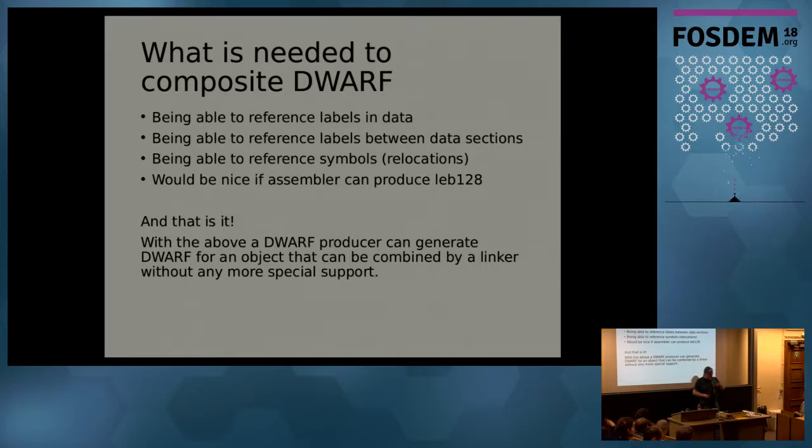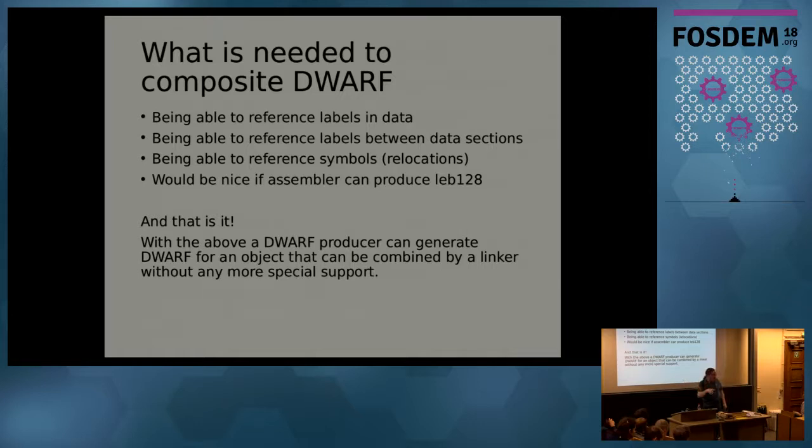So, for example, you have the info tree, which describes a variable, and it has to reference where the location descriptor is in another data section, and you have to have addresses of symbols which you don't know yet where they will be. So you need some way for tools to do the relocation.